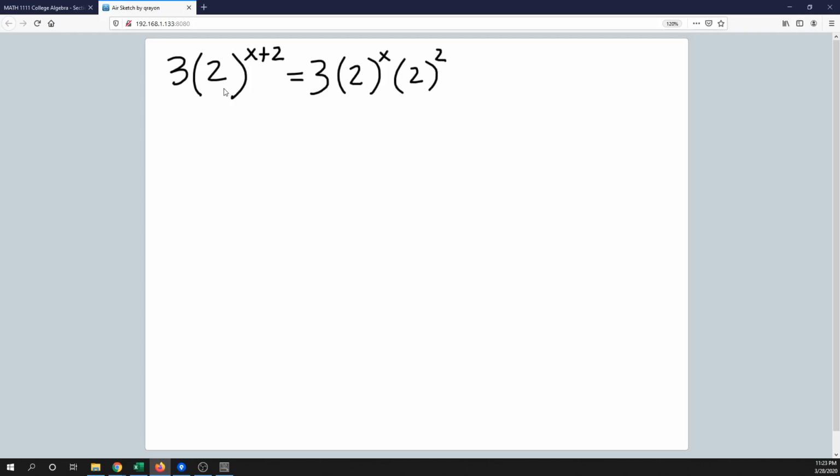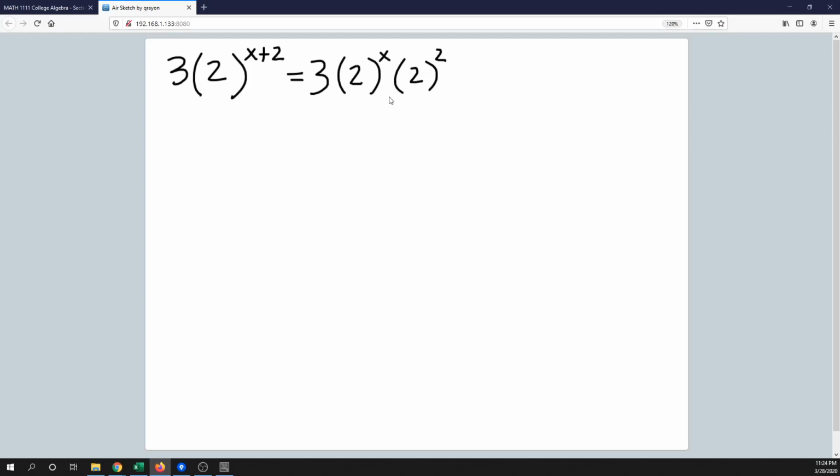I could write 2 to the x plus 2 power as 2 to the x times 2 squared. And now you may say, well, wait a second, why is that true? But really, these are just the exponent rules that we talked about in the previous video. Here we are multiplying like bases. The base is 2. When you multiply like bases, what do you do with the exponents? You add them together. So 2 to the x times 2 squared is 2 to the x plus 2. By the laws of exponents, these things are exactly equal to each other.